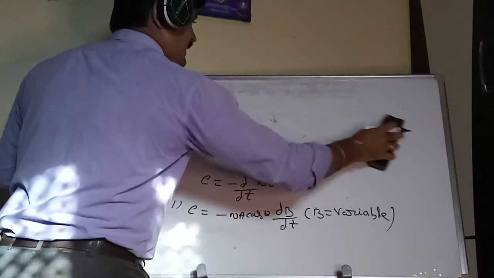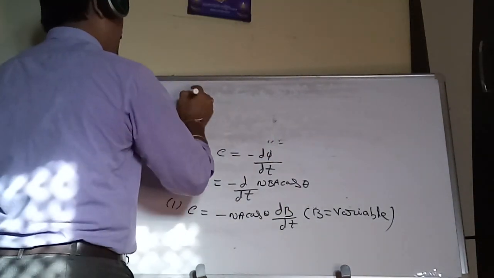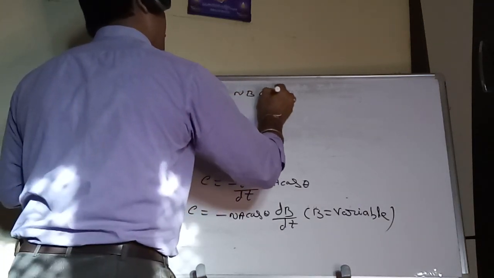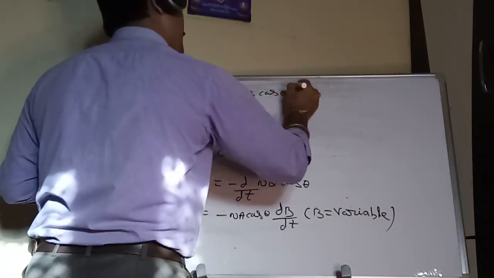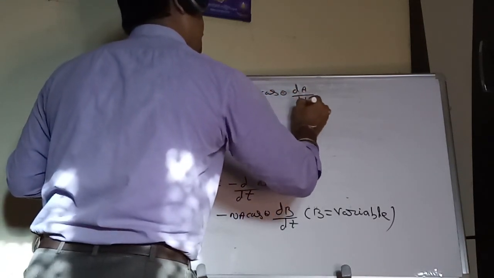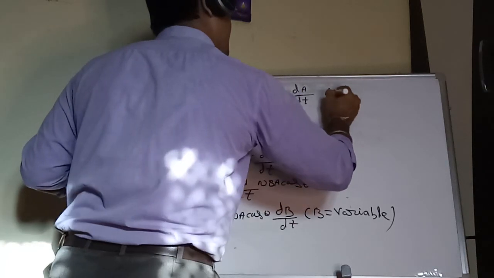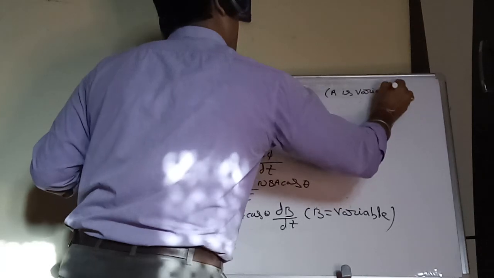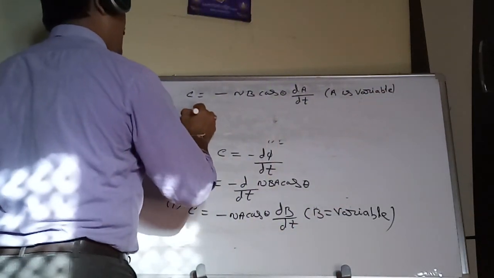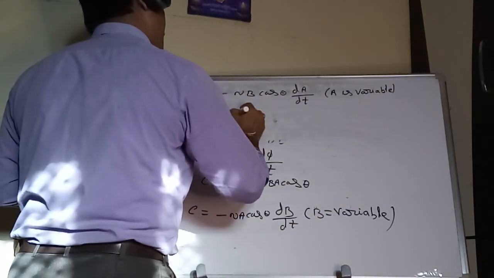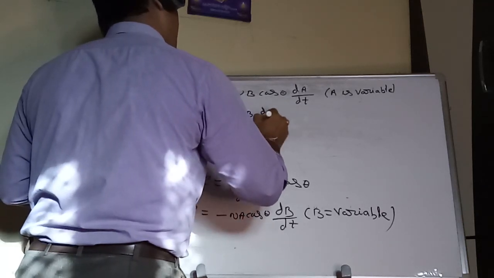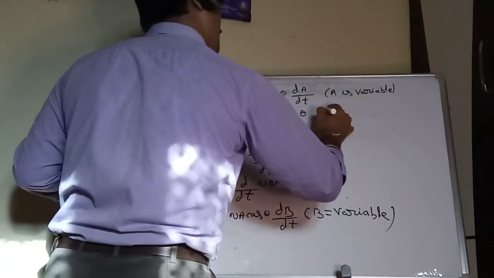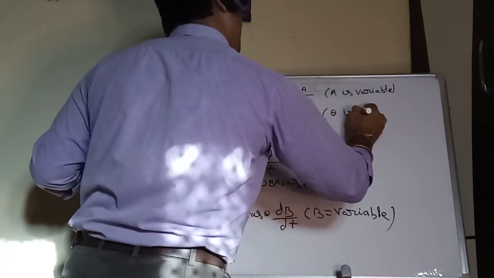Second, A is variable, so E equal to minus NB cos theta times dA by dt, where area A is variable. Third, E equal to minus NAB d by dt of cos theta, where theta is variable.